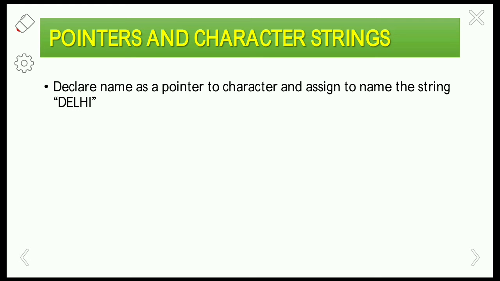Here we declare name as a pointer to character and assign to name the string Delhi. First of all, I am declaring name as a pointer variable to the character type, and assigning to name the string Delhi.